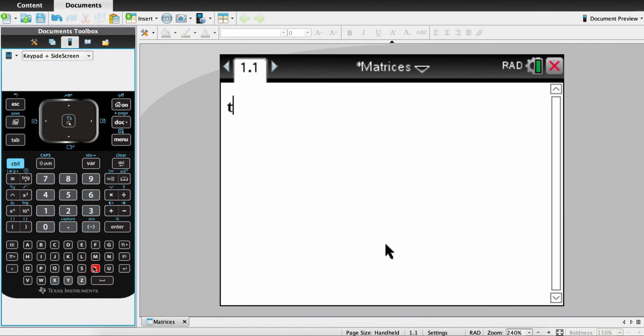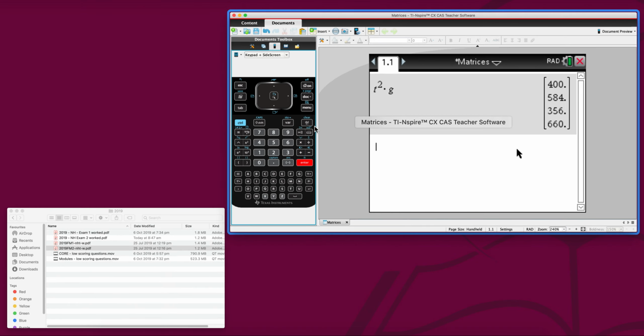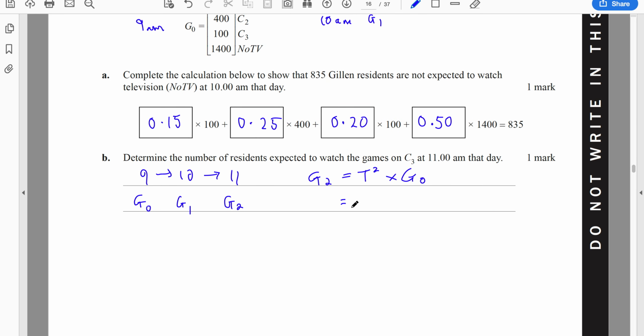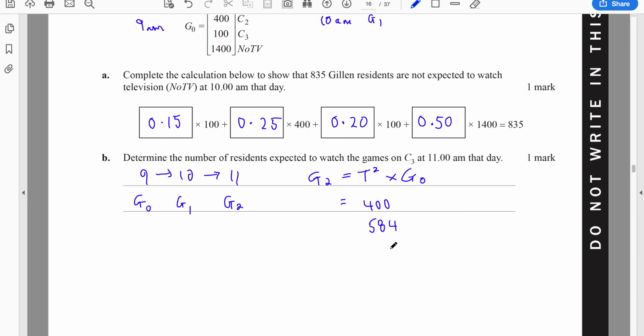Okay, so T squared, and I want to times that by G0, which I stored earlier. And then we have 400, 584, 356, and 660.